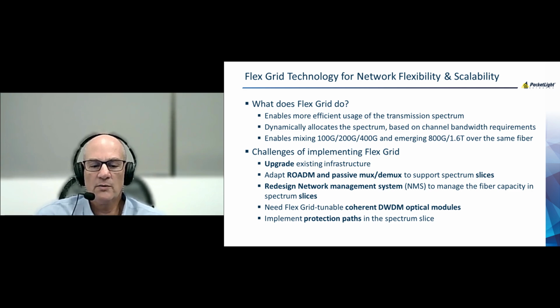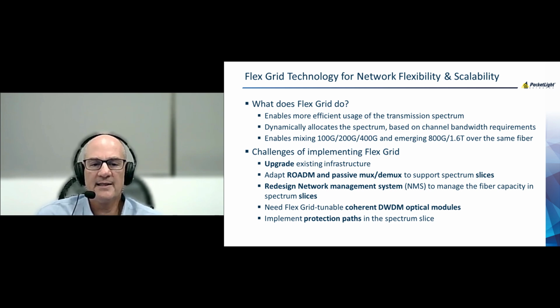The C-band used to be split into fixed grid channels. We call them channels, like channel 28, channel 29, and we could have around 96 channels at 50 gigahertz spacing, 48 channels at 100 gigahertz spacing, and so on. But the channels were fixed, and the spectrum of the fiber used for transmission was divided into a fixed grid of wavelengths.